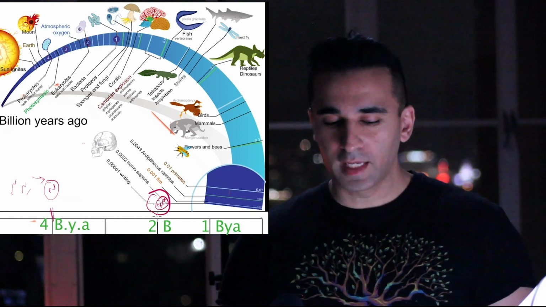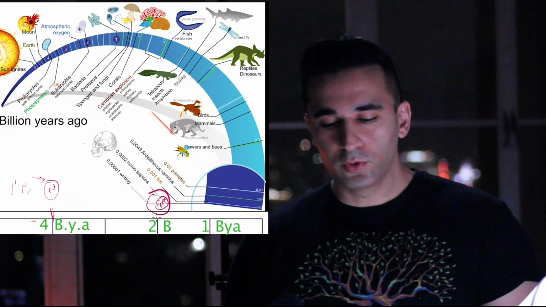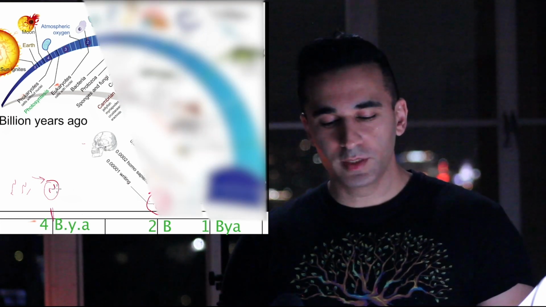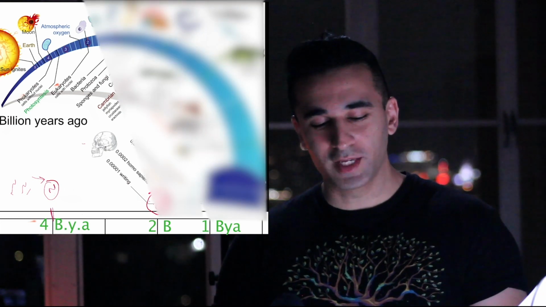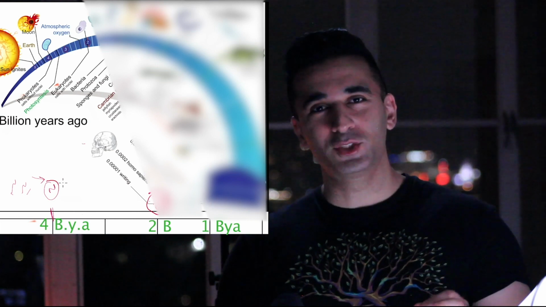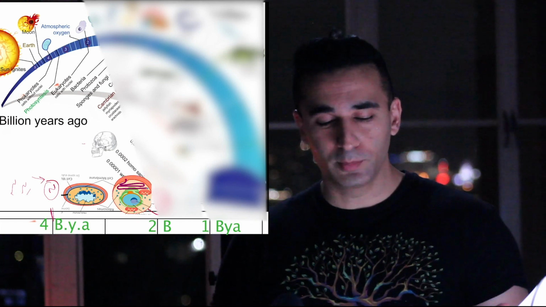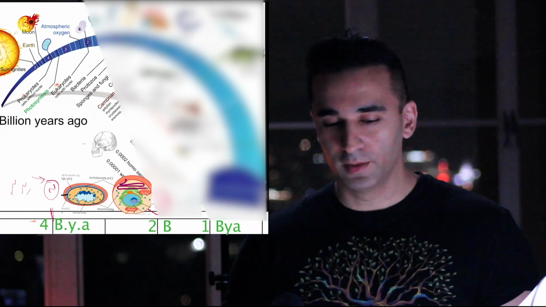But the point is that if you go back 2 billion years ago, the only thing that developed in the 2 billion years, which is half the history of life, was that you went from a single DNA strand in an envelope, a simple prokaryotic cell, to a eukaryotic cell.